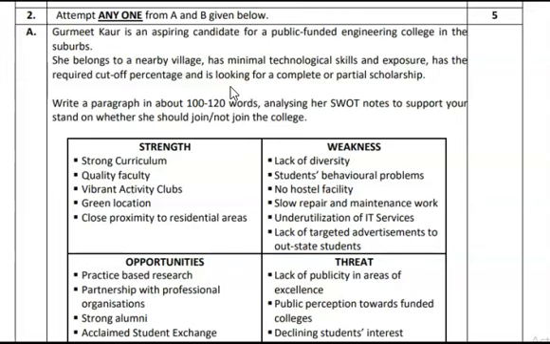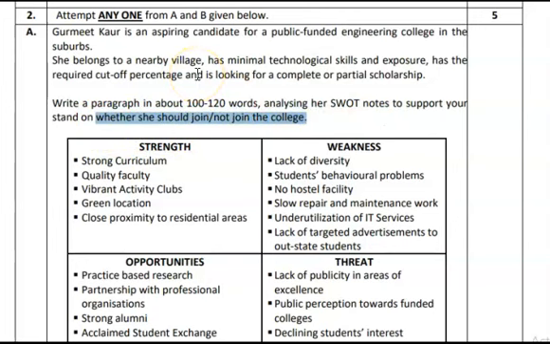Now, analyzing Gurmeet Kaur's advantages or strengths and weaknesses, you have to analyze this paragraph. Write a paragraph in about 100 to 120 words. Keep the word limit in mind. Analyzing her SWOT notes to support your stand whether she should join or not join the college.